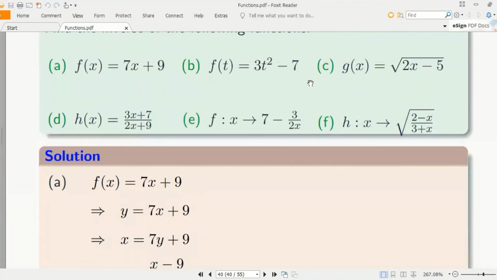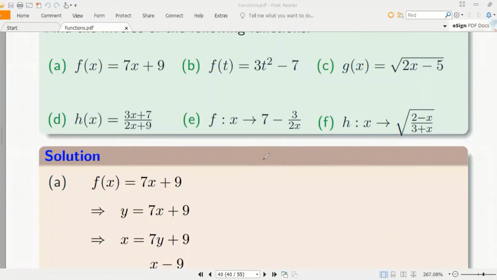So it's good to first check if it's one-to-one. Now this one has different outputs, which means it is one-to-one.